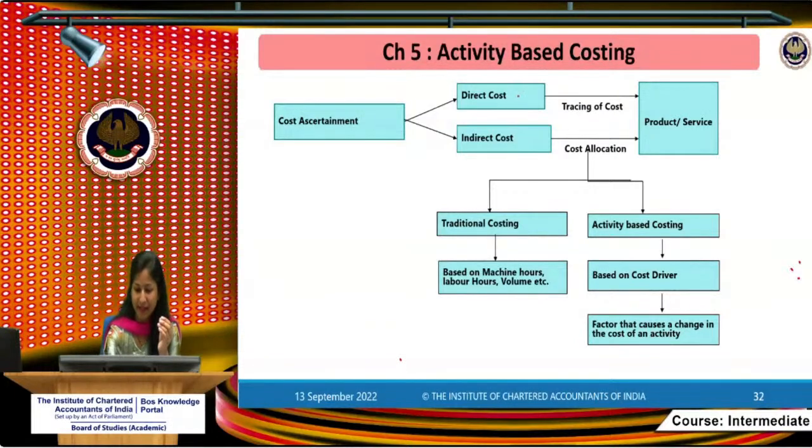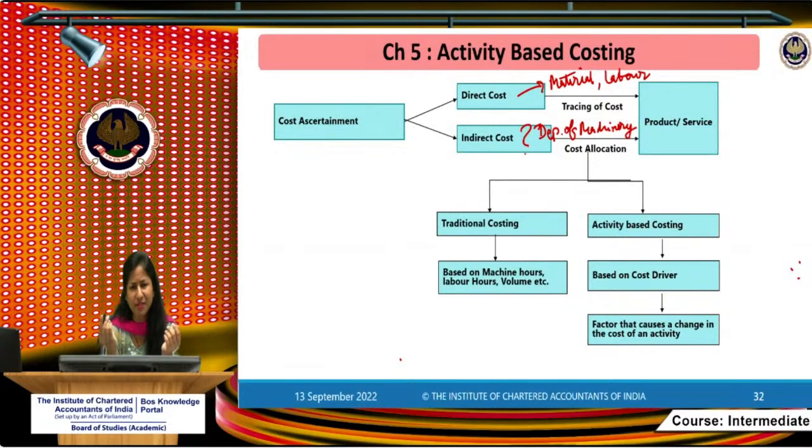Let's see, direct cost may be material, it can be labor. But what is indirect cost? It can be like, machinery is used for production, so it can be depreciation of that machinery. Depreciation of machinery will definitely be an indirect cost.